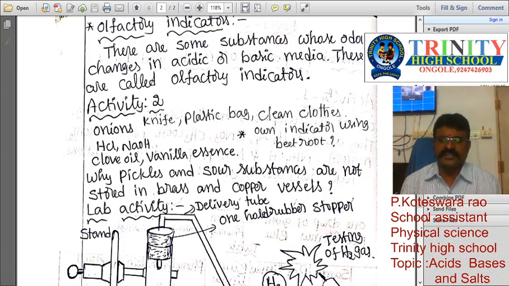So in this way we prepare one indicator using beetroot. Are you understood? Once again we want to recall. Take some beetroot, make it into small pieces and place it into one vessel, add some water and heat it on the Bunsen burner or stove up to half an hour.